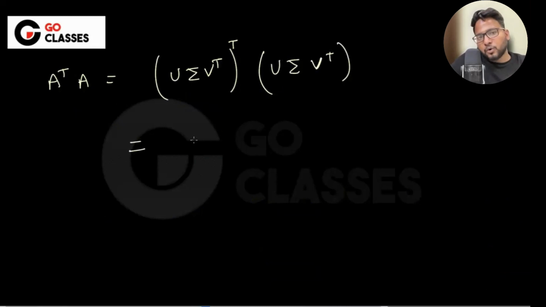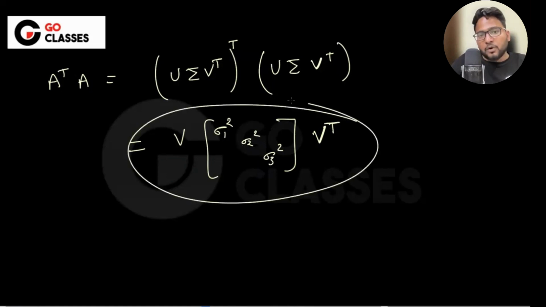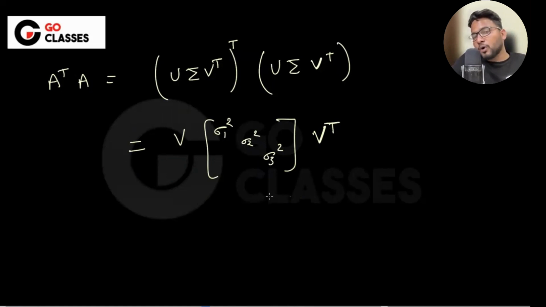And finally, we got to know this is nothing but V into some matrix, some square matrix, sigma 1 square, sigma 2 square, sigma 3 square, into V transpose, right? U was eliminated. Actually, U transpose U got identity. So U was eliminated. So from here, we can only infer V and sigma, but we were not able to infer U. Can anyone suggest how to get this U?